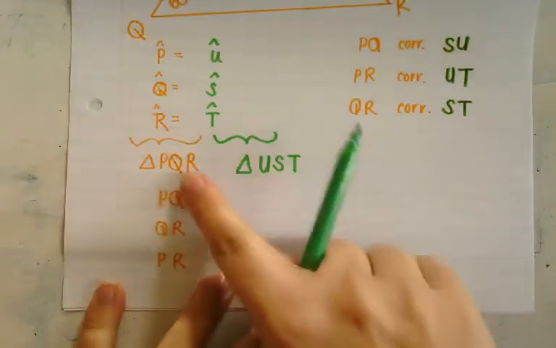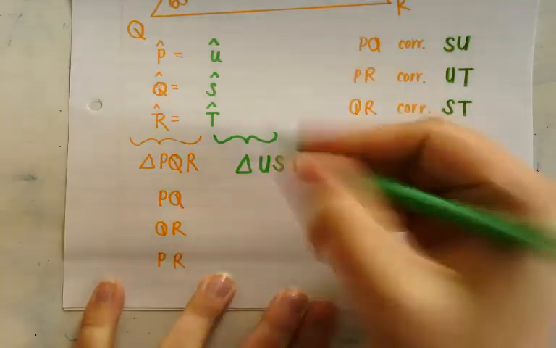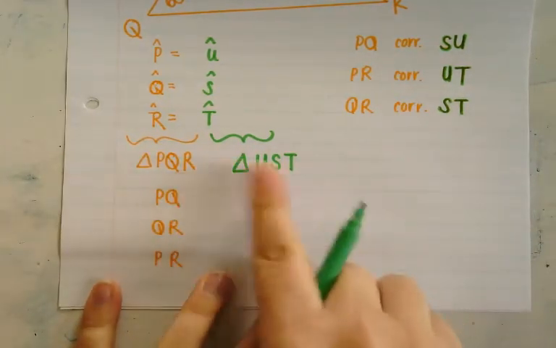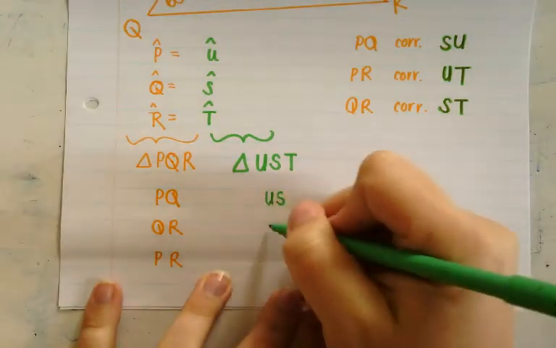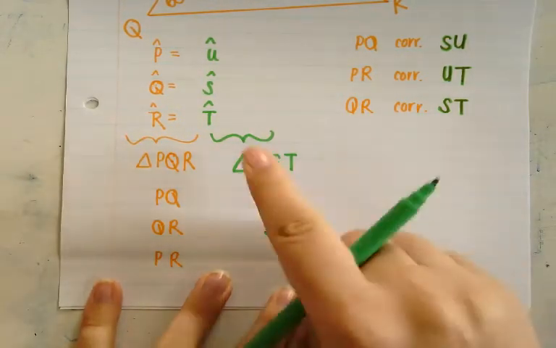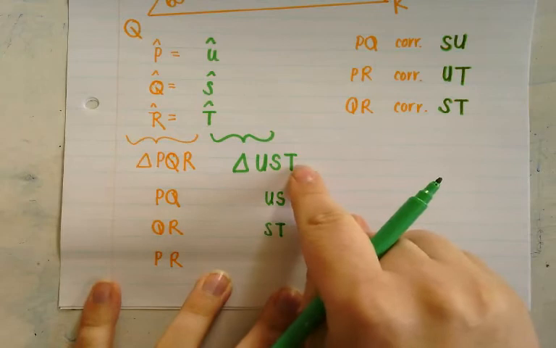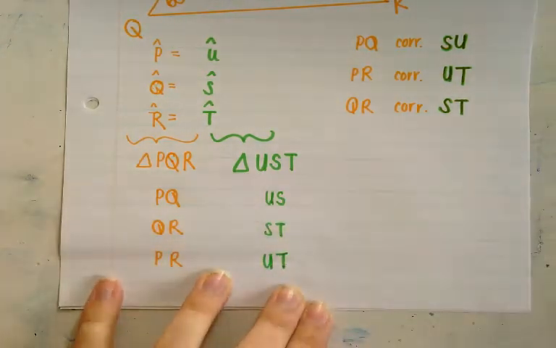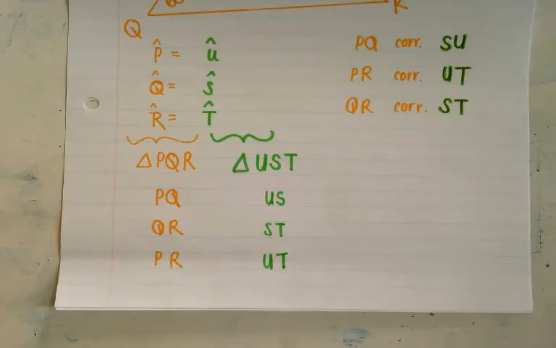I took the first 2 there, so I'm going to take the first 2 here. I took the second 2 there, so I'm taking my second 2 there. I took the first and the last, so I'm doing the same. Now let's check.